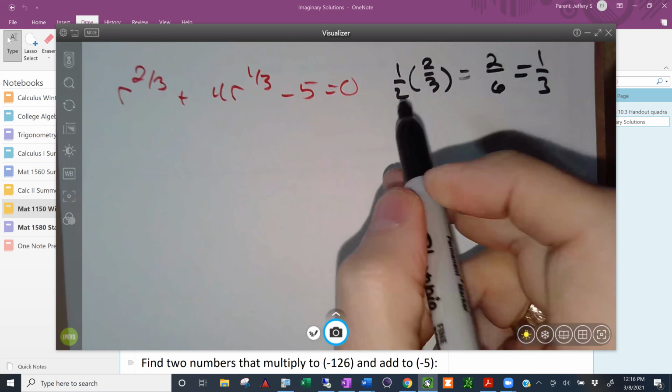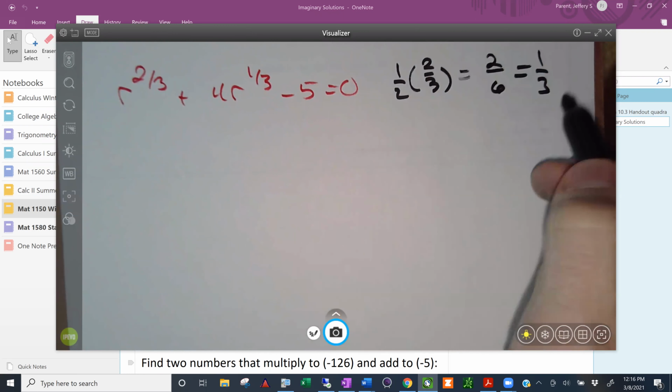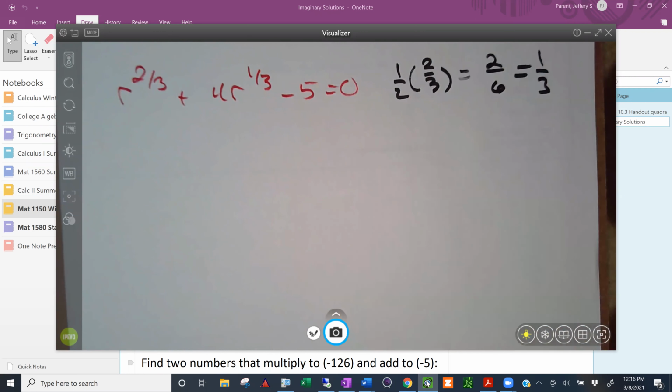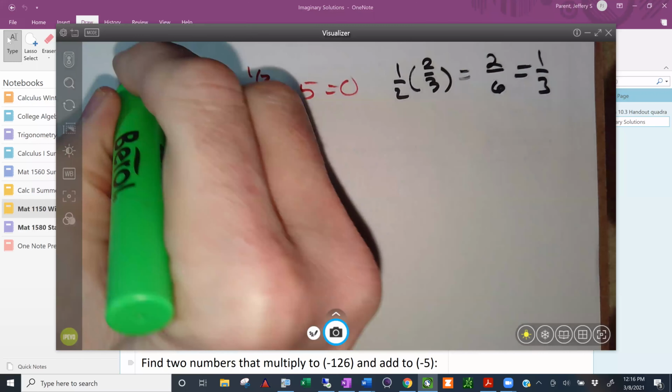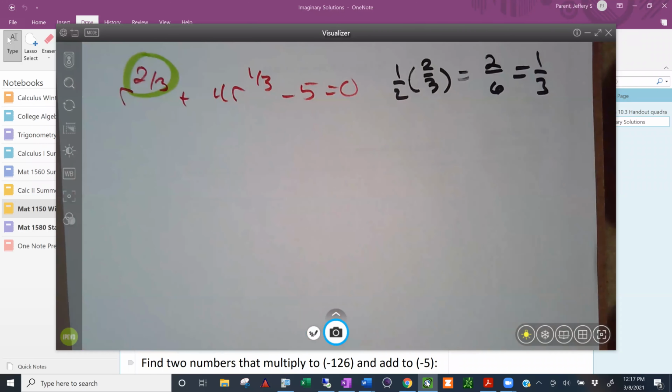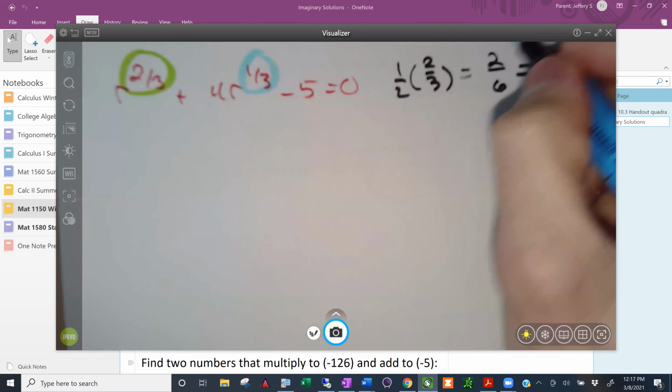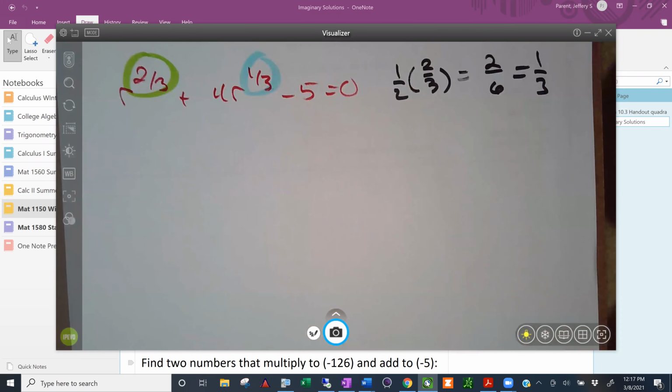Half of the first exponent is the middle exponent. So half of that exponent does give me this exponent. And all that's saying is that it's quadratic in form. So we're good there.